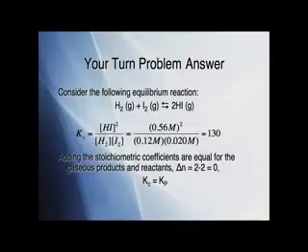So we add up the stoichiometric coefficients for the gaseous products and then subtract the sum of the coefficients of the gaseous reactants. In this case, they're both 2. So delta n will equal 2 minus 2, which is 0. And in that case, Kc will equal Kp.